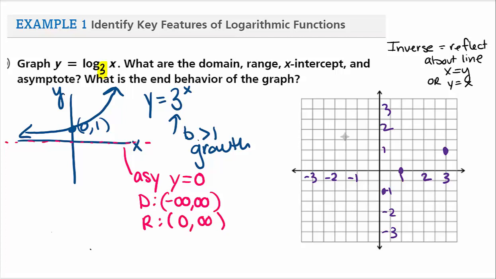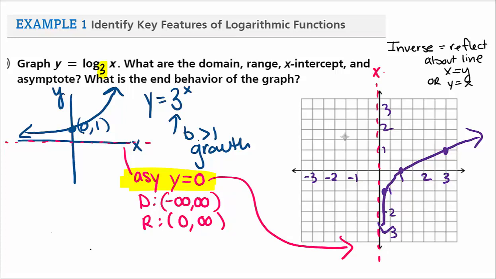Now, why this is important is that what we just graphed, our logarithm, is the inverse of that. And our x values became our y values, and our y values became our x values. So that also means that this asymptote that was originally at y is equal to 0 for our exponential is going to now become an asymptote at x is equal to 0. And that's because it's an inverse. Our x's become our y's and our y's become our x's.